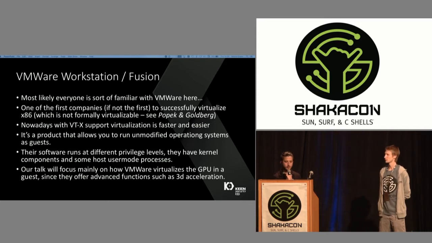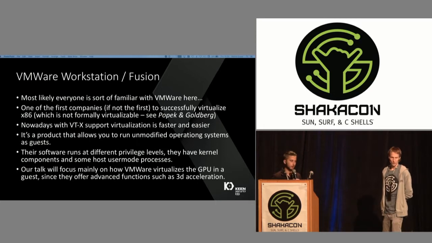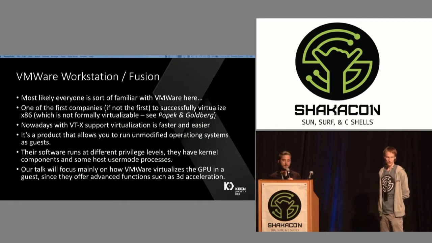Basically with VMware you can run an unmodified operating system as guest, so you can have multiple operating systems running inside your desktop. This kind of software runs at different privilege levels. Basically, they have a kernel component that does the virtual machine monitor, and then they have some user mode processes that maybe emulate some hardware or do similar operations.